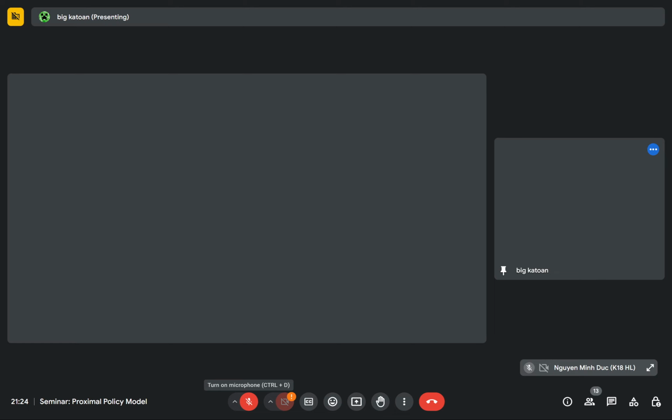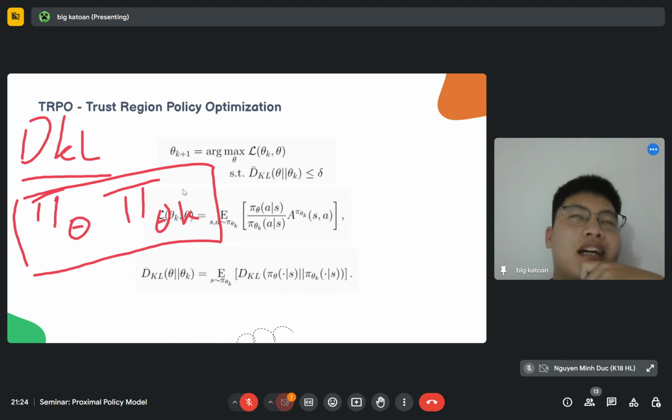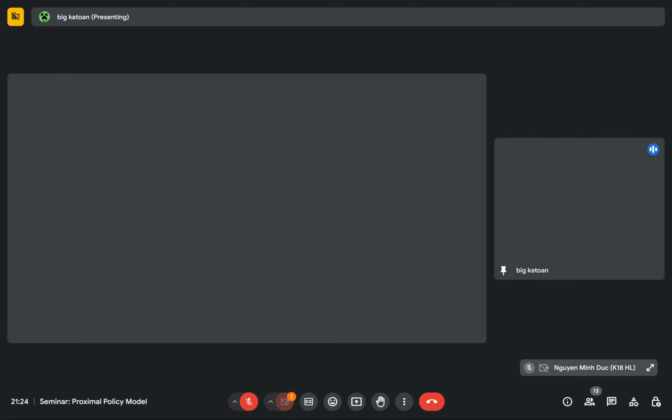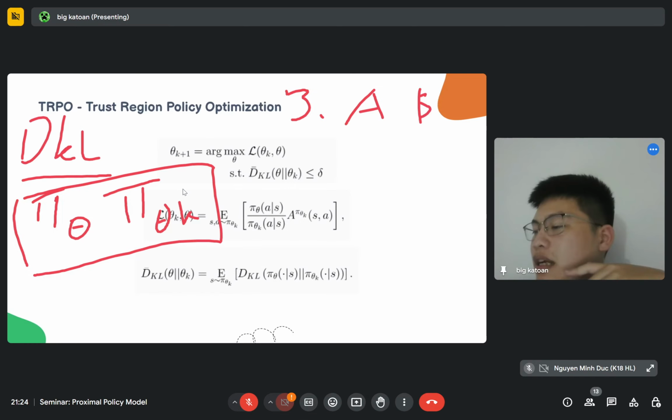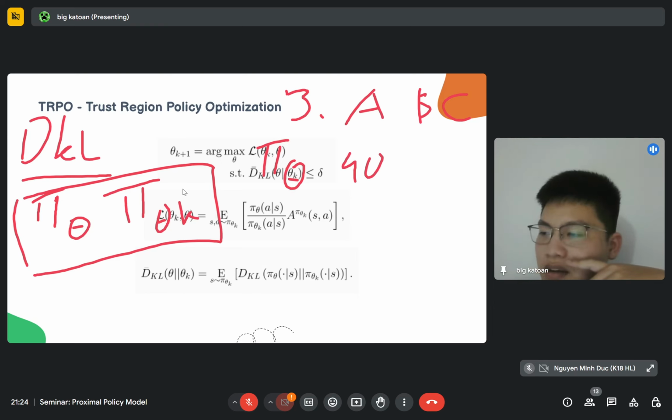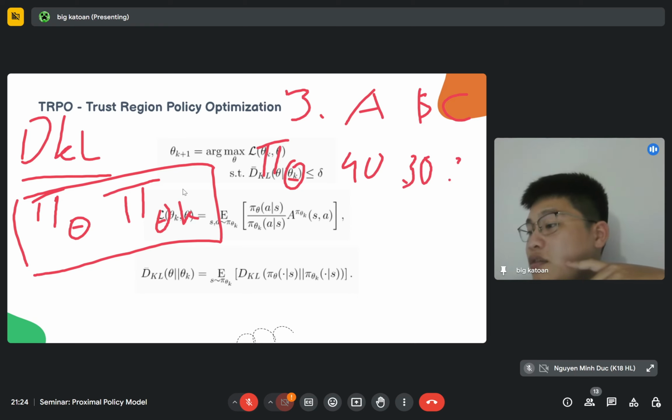Like we said, when you try to learn something, say you have three problems A, B, and C. With the current P theta, problem A you have about 40% good, B about 30% good, and C about 30% good, right?